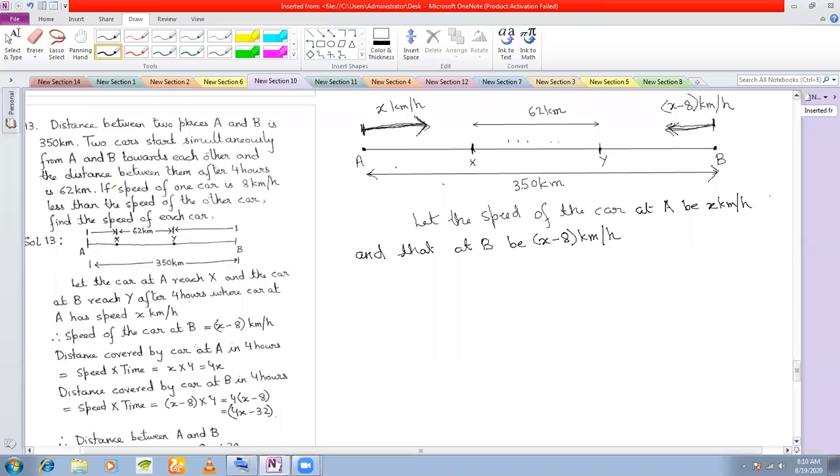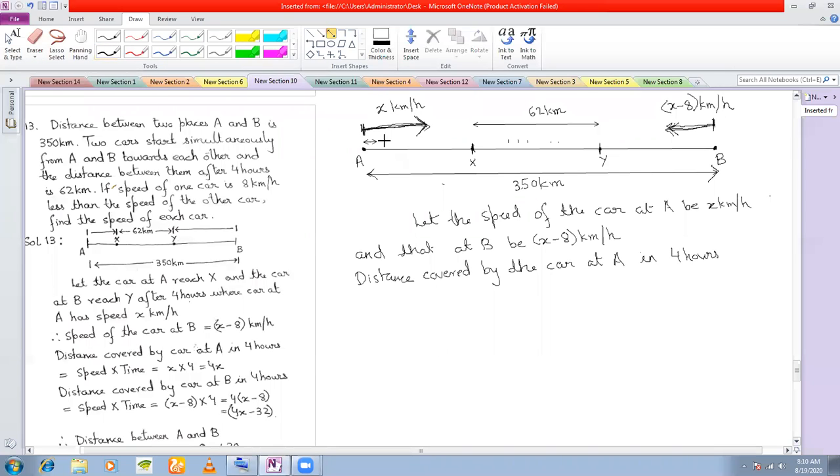Now what happens? What is the distance covered by the car starting from A? Distance covered, not traveled, covered. Distance covered by the car at A in 4 hours, because it is reaching the point X in 4 hours. So what am I doing? I am actually calculating this distance.